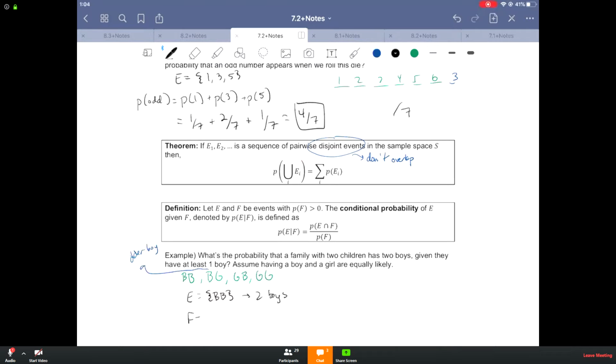F is at least 1 boy, so you can have boy-boy, boy-girl, or girl-boy. So this is at least 1 boy.